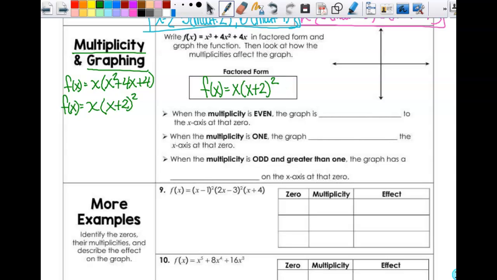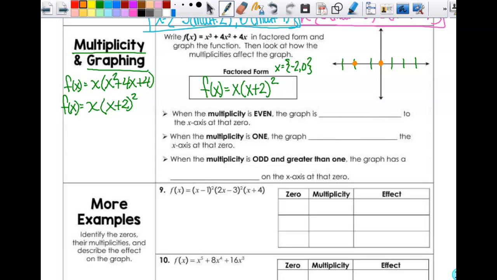So it says to graph the function. We're going to sketch the function, okay? And for that, I need my zeros. My zeros are negative 2 and 0, right? So I can make like 3 little hash marks here. So since negative 2 and since 0 is an x-intercept, it's also my y-intercept, right?